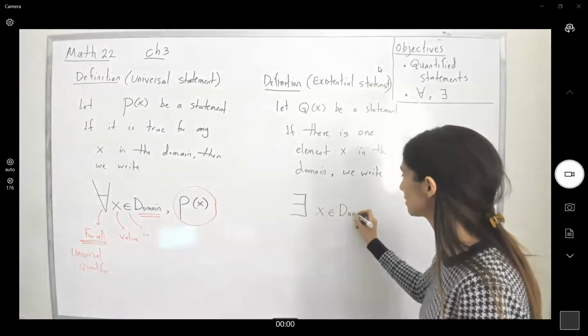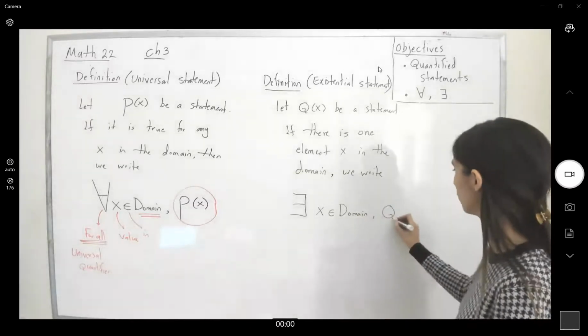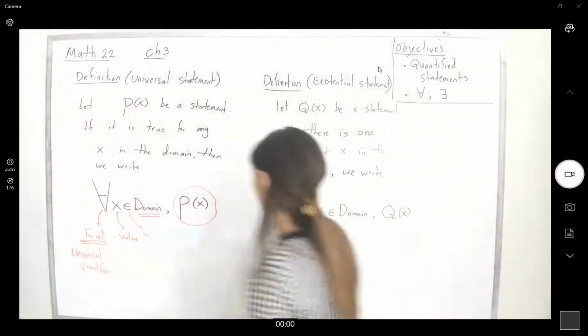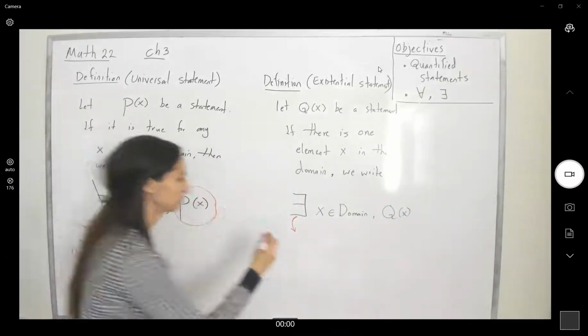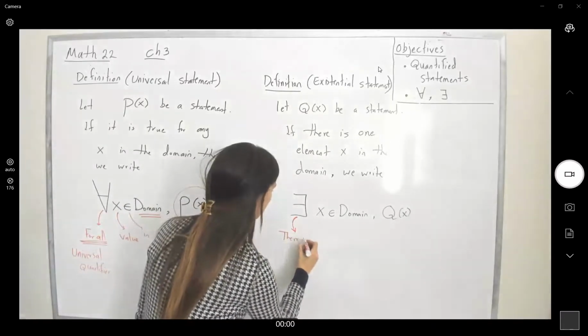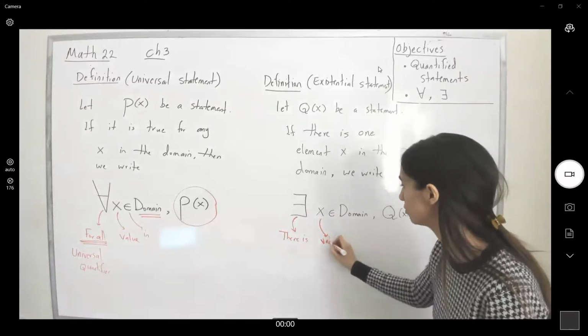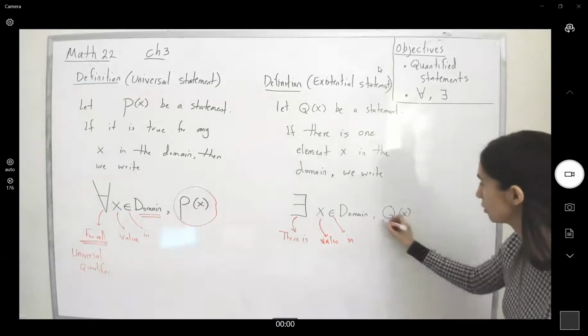You can find at least one x in the domain such that Q of x. There is at least one element, a value, a member in the domain such that Q of x.